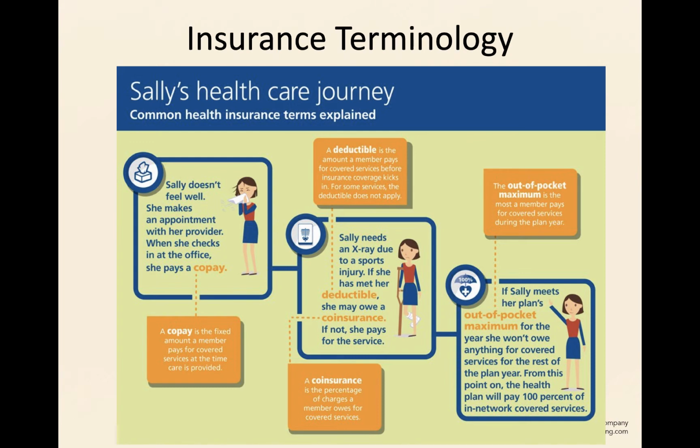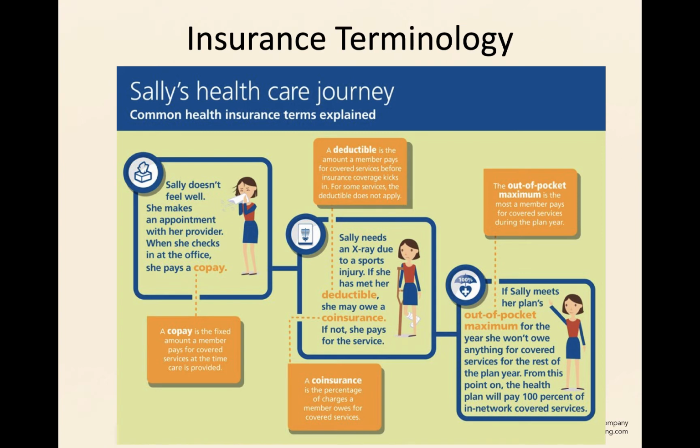And the next time she goes in to use her insurance, she won't have to pay that deductible, but she will always have to pay, let's say, 20% of the bill. But by the end of that year, she can only go up to a certain payment, and then she won't have to pay anything. It's covered 100%.